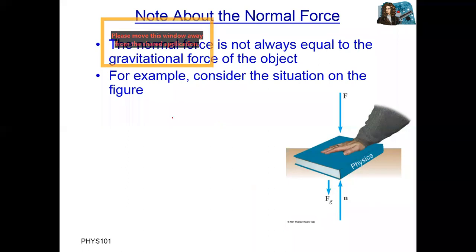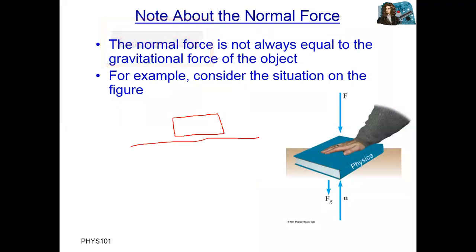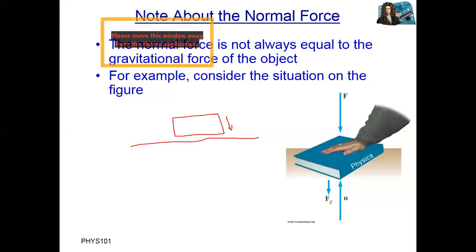These are action-reaction forces. For example, a book lying on a table. The weight of the book is downward. There is a force from the book on the table, and that force is downward.